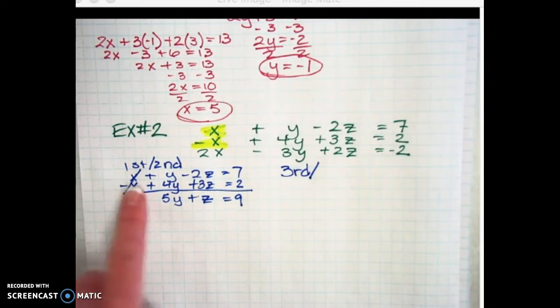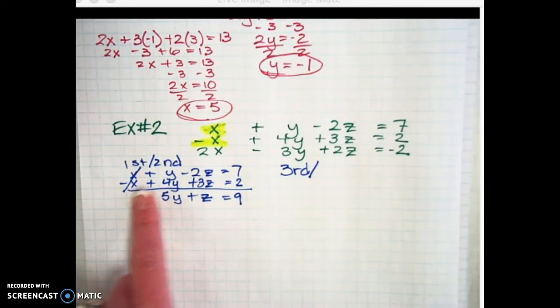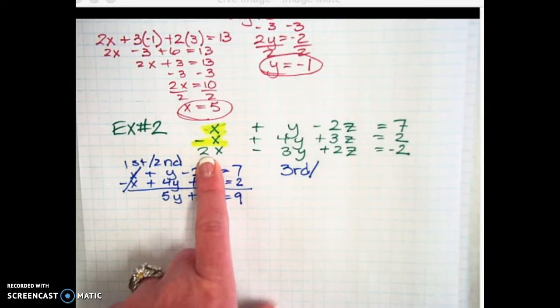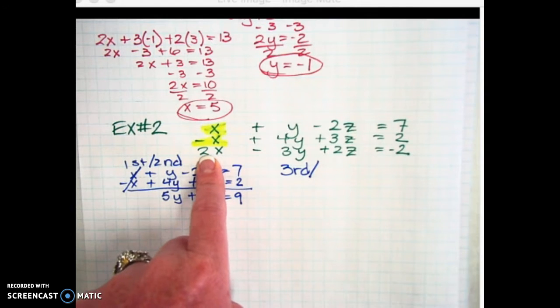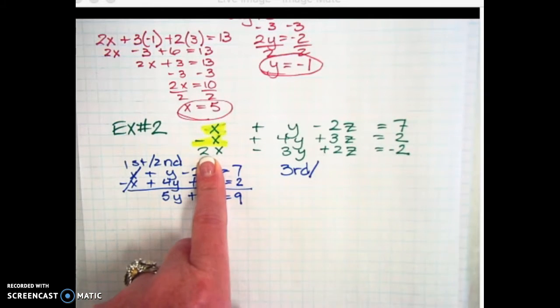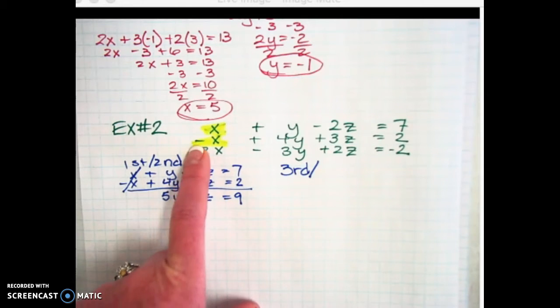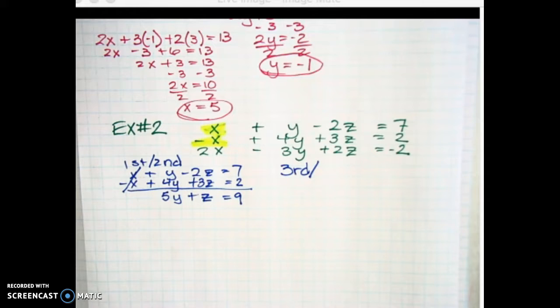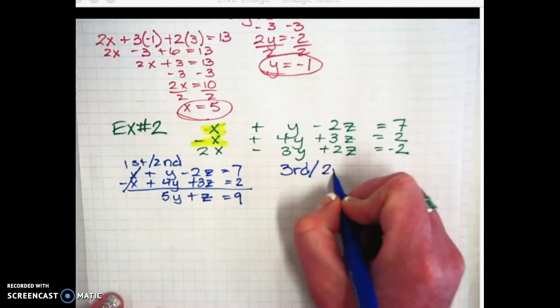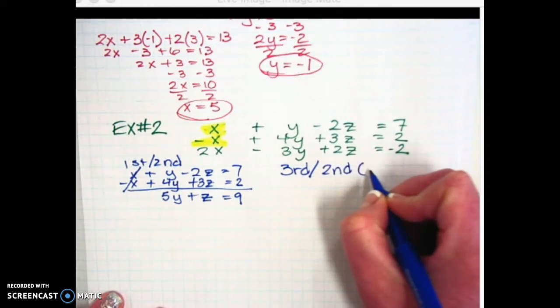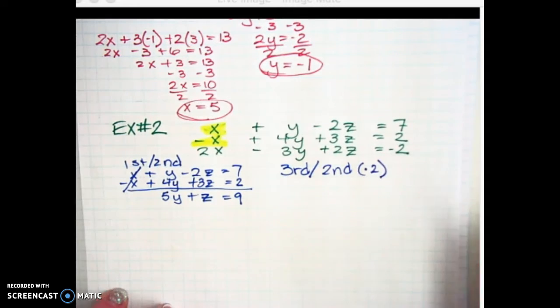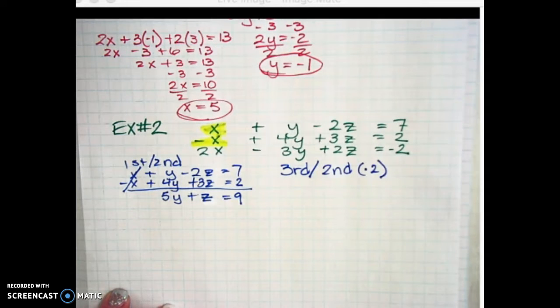You see how I just eliminated the x? So I need to get the opposite of 2x. Which equation would be easier to use, the first one or the second one? The second one. Okay? Because I want to take the second one and I want to multiply it by 2. And that will give me opposites, okay?